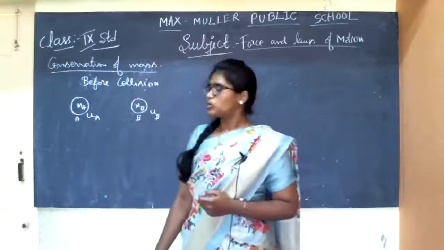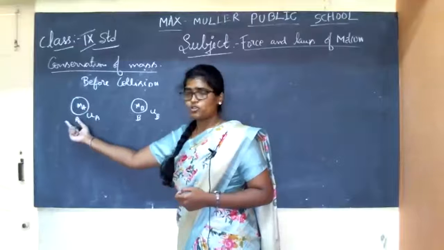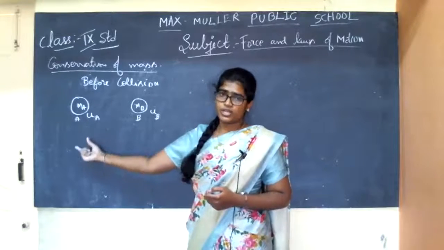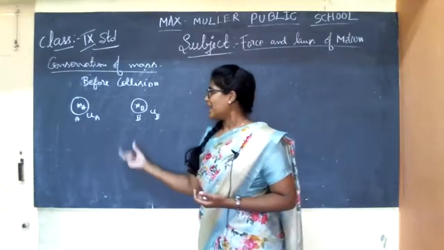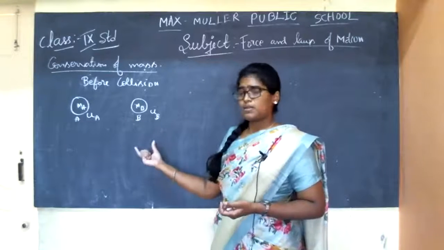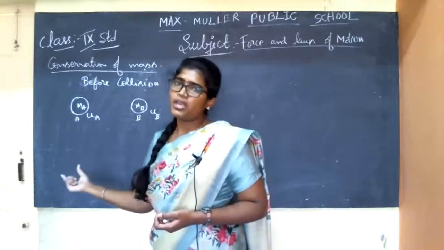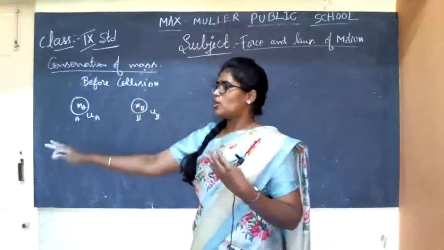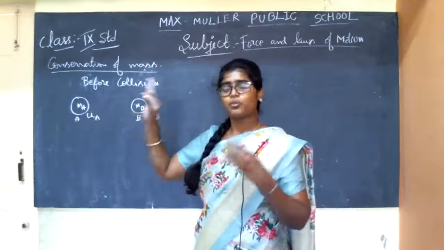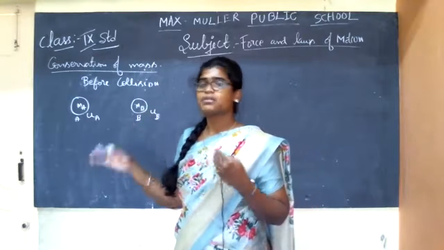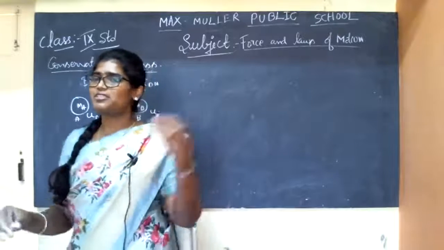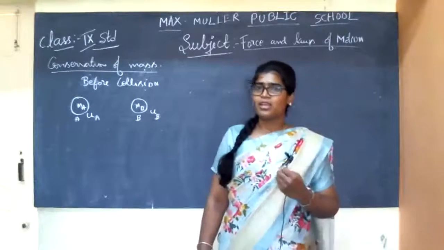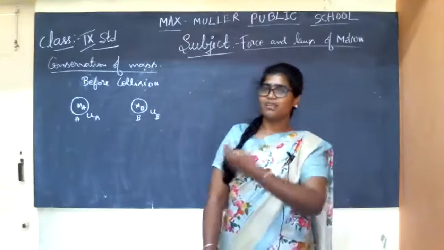Now, you have come to know that you will be having the mass MA and initial velocity UA of object A before the collision, and object B also remains the same, that is MB and UB before the collision. Now, if people are moving in a queue with equal distance between two members, sometimes the person standing at the back will rush, and when he rushes, he will hit you.